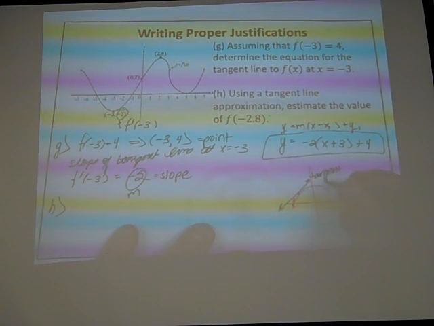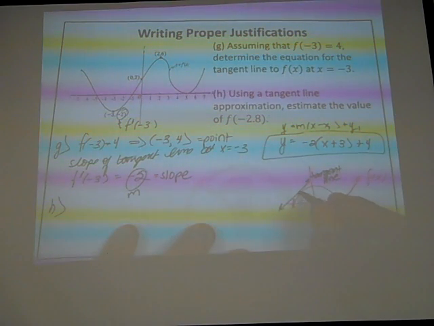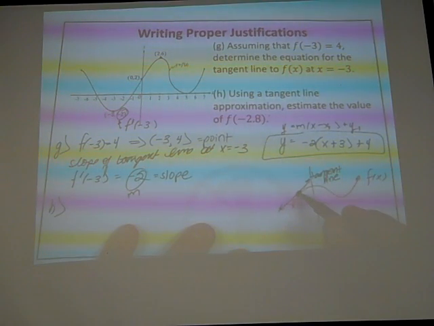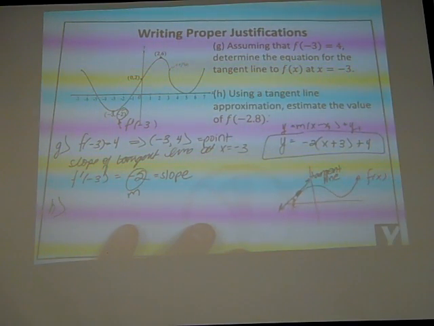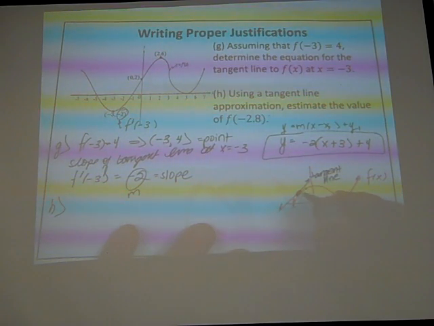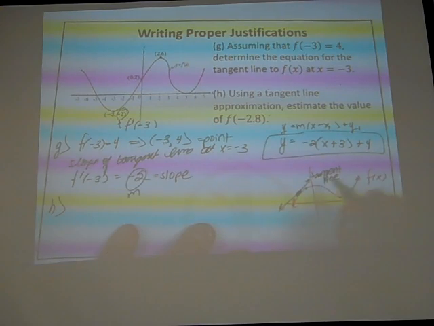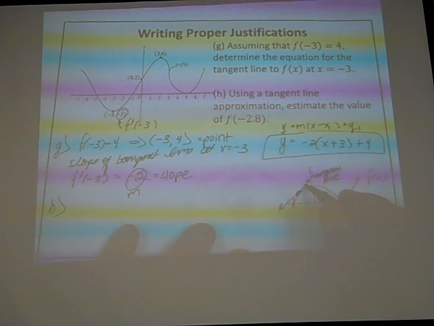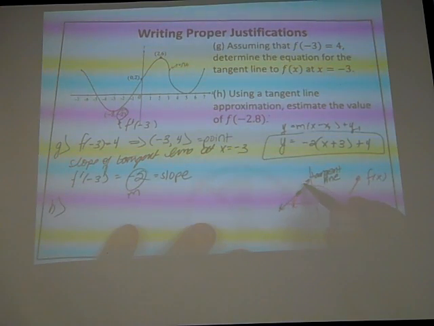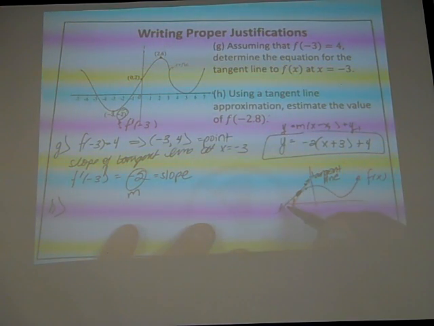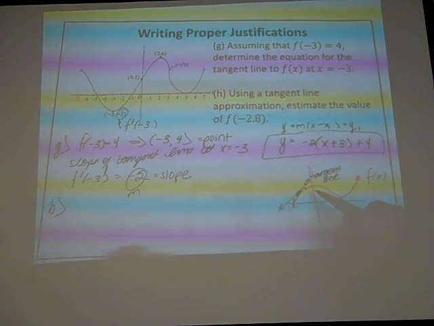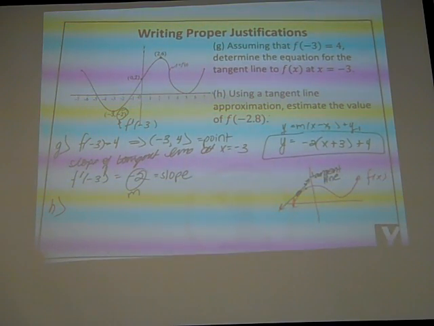At this point of tangency where they touch, the tangent line and the original curve are exactly equal to each other. If I go slightly to the right and I find the point on the graph of f, and I find the corresponding point on the graph of the tangent line, they're not that different. What that means is we can use the tangent line to approximate the value of the function. And that's what we're being asked to do here.